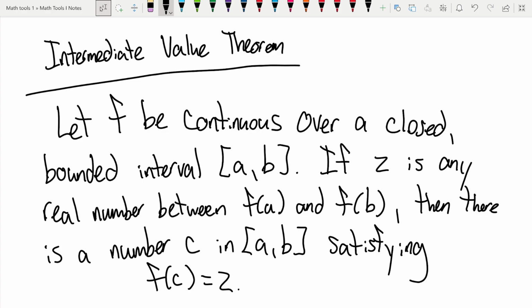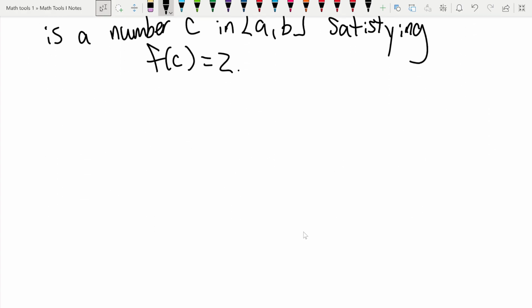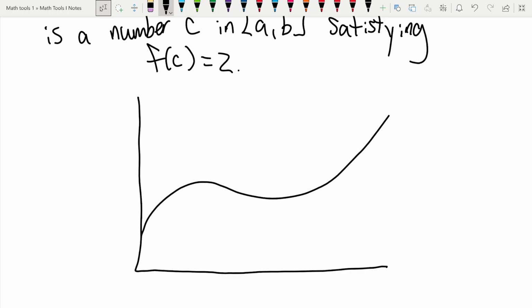So this is saying if we have, let's draw a picture here. Okay. So if we have any continuous function, you could draw whatever continuous function you want here. So let's just draw this one here. And let's say that we have the interval a to b. Okay, these are the outputs.